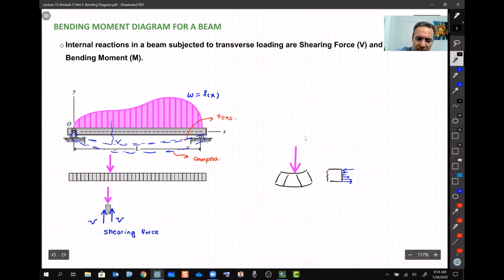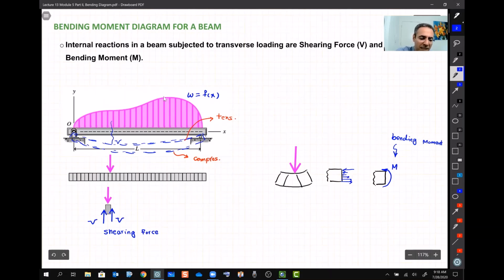Which, as a result, we can show on a cross section by basically a moment, M. This M, we call it bending moment because it tries to bend the beam, and it comes from this transverse load.